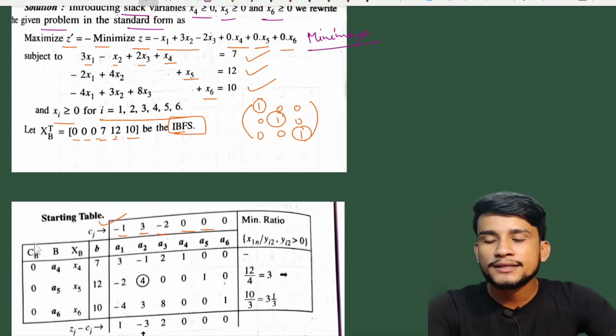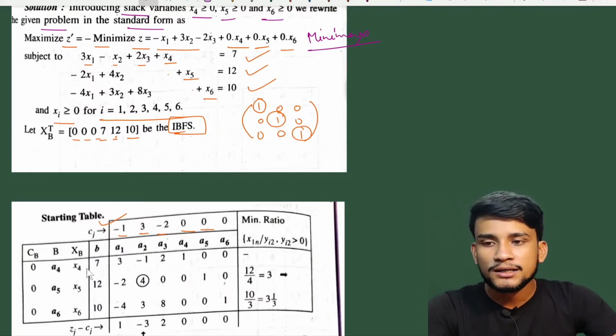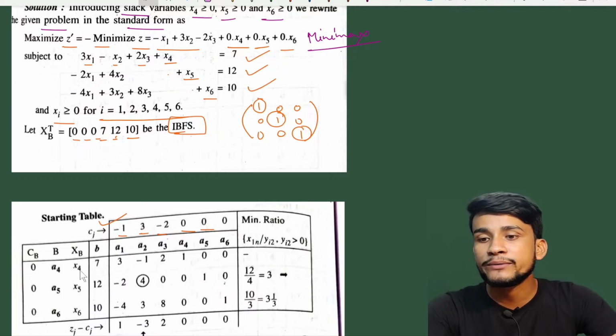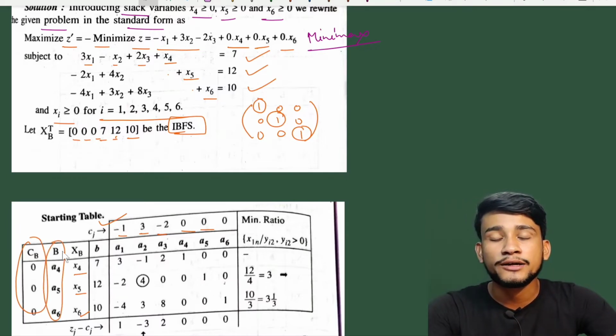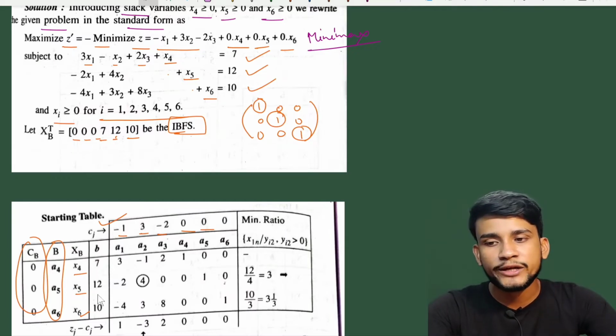This is the CB, the basis, XB. The basis forms the slack variables x4, x5 and x6, so the cost corresponding to them is 0, and the basis vectors are a4, a5 and a6.